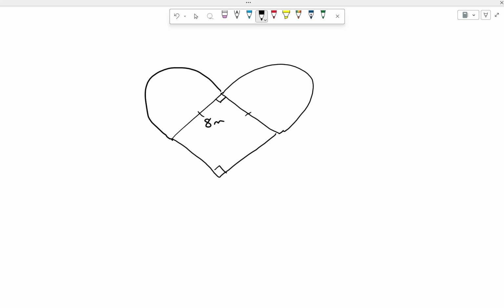It's the only thing we're given. We're going to find the area. So how do we do that? Well, this is what's called composite area. So we have to find the area of this thing, the area of this thing, and the area of this thing, and add them all together.